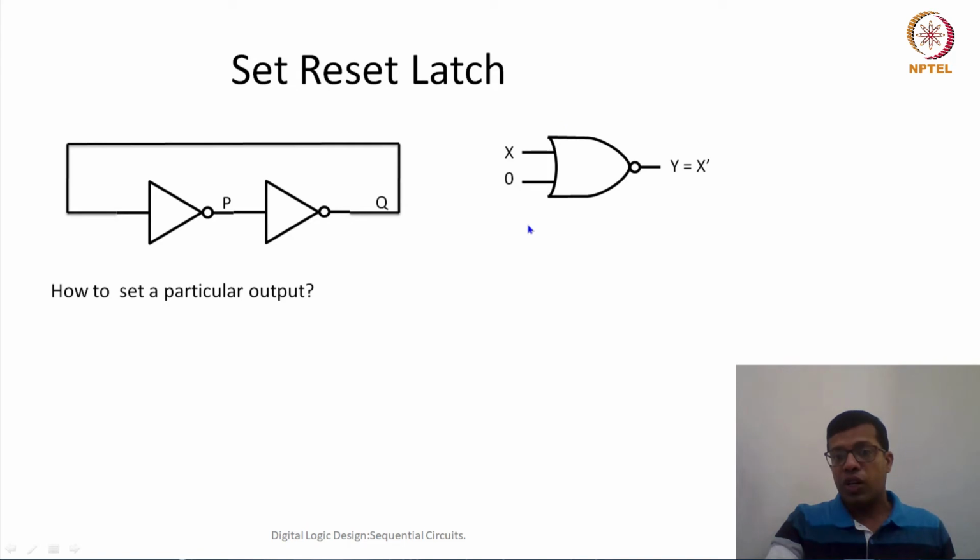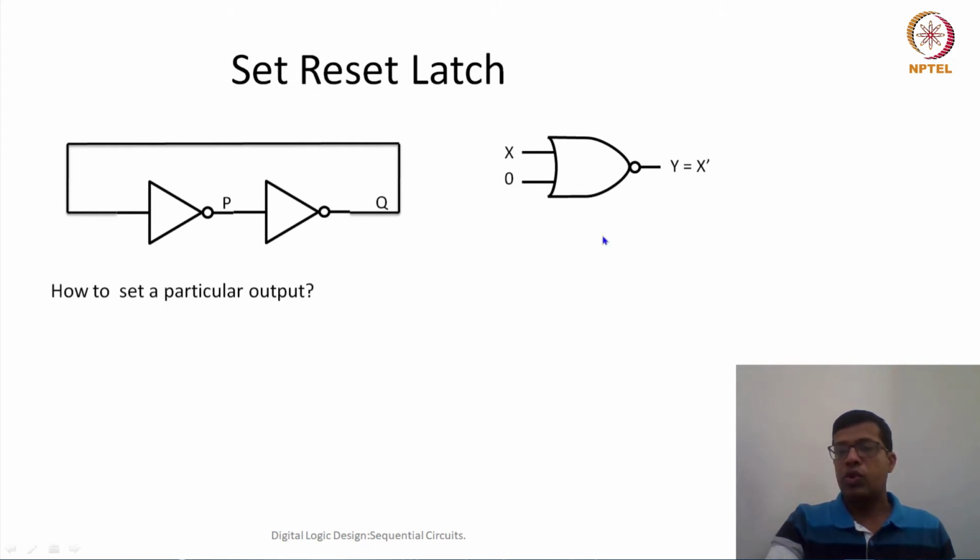If one of the inputs is 0 and the other input is, let's say, x, a variable input, then my output is the inverse of whatever the input x is.